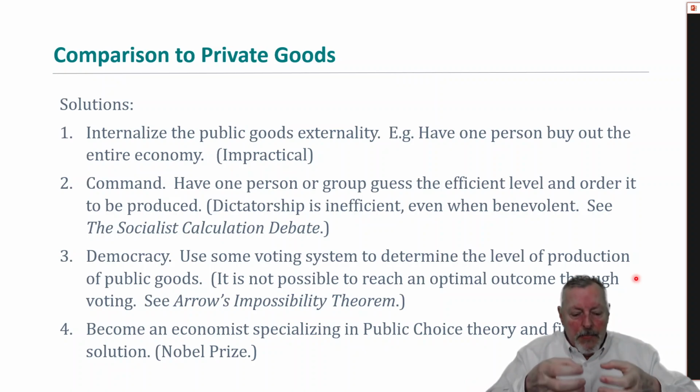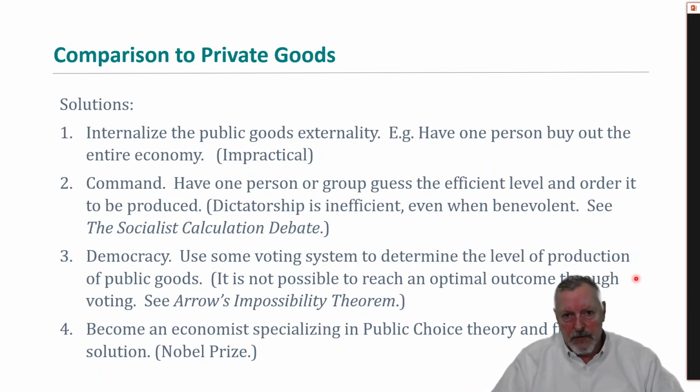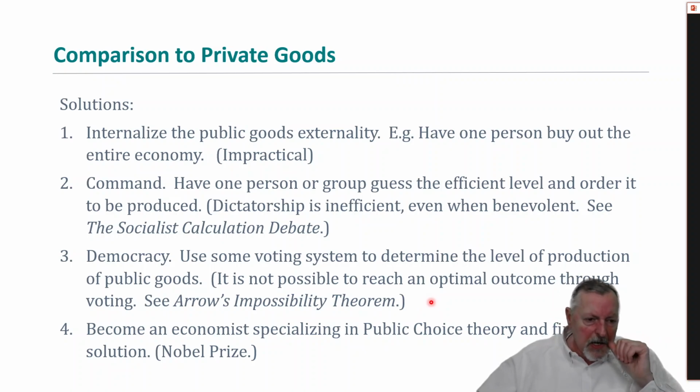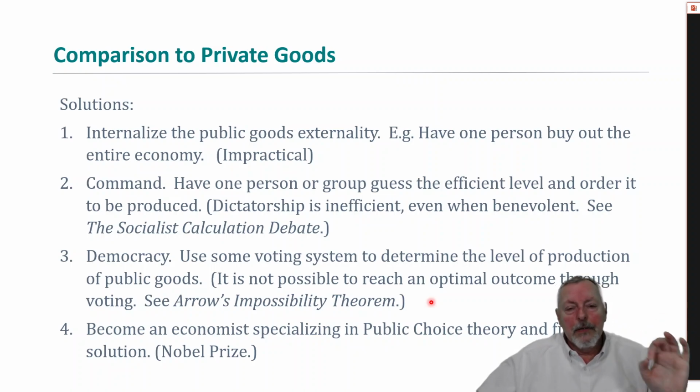It is not possible for any voting system, conceived or yet to be conceived, to reach that optimum result. Arrow's impossibility theorem. Robert Arrow, who probably should have won half a dozen Nobel Prizes, not just the one. Google Arrow's impossibility theorem. The math is rough, but you'll see an explanation of why this can't happen.